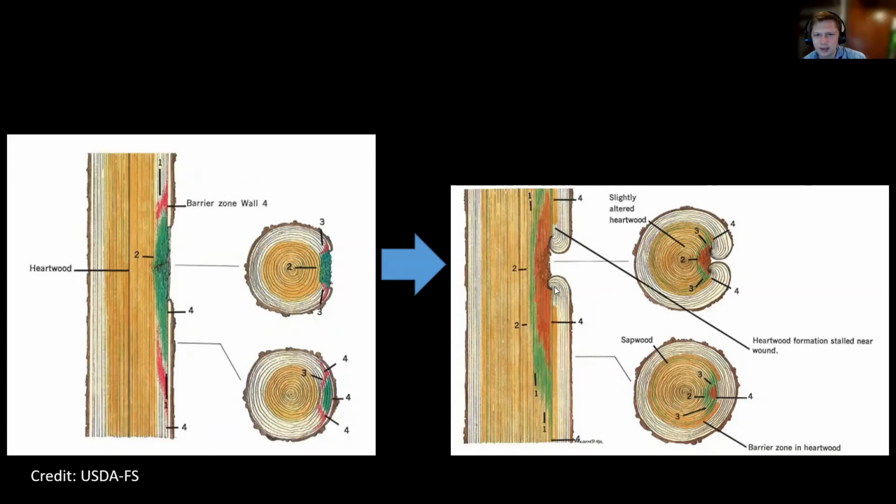This is particularly the case if the tree is able to fully seal itself. If that happens, they're cut off even from oxygen, from a fresh source of it anyway. And that's like the best case for trees in a lot of instances.